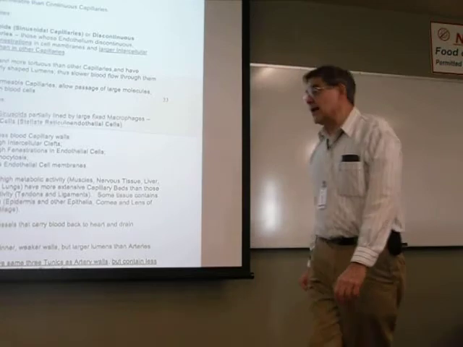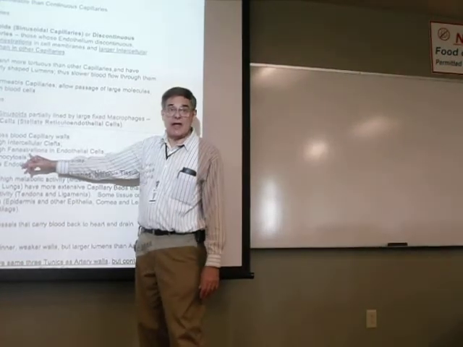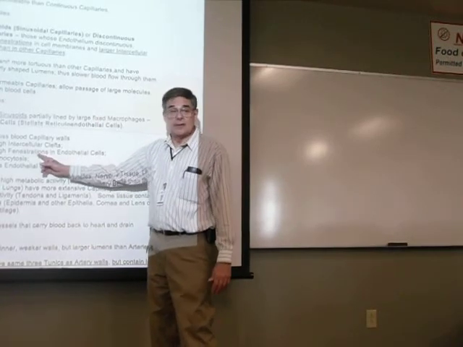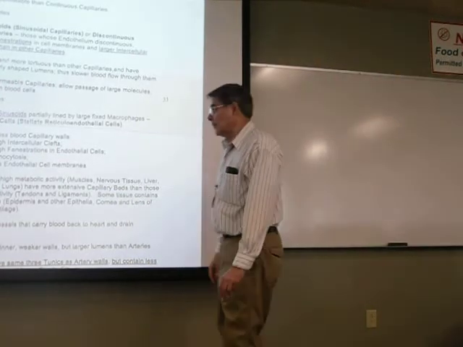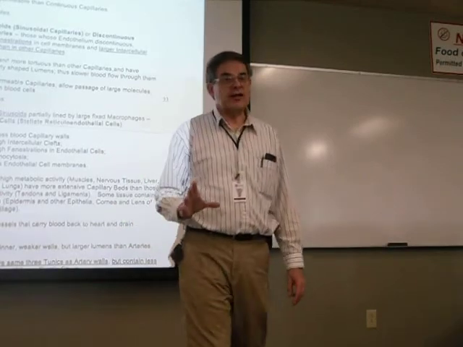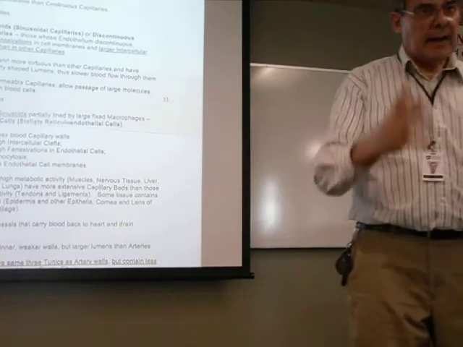Okay. So how do materials cross capillary walls? Well, through the intercellular clefts, which they all have, and in the fenestrations in the fenestrated capillaries and the sinusoidal capillaries, also through pinocytosis. Remember, pinocytosis, the whole endocytosis, where the cell membrane just pinches off little droplets of fluid and takes them into the cell.